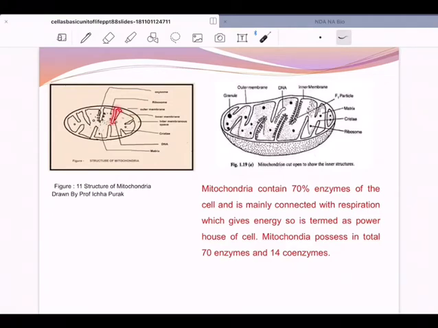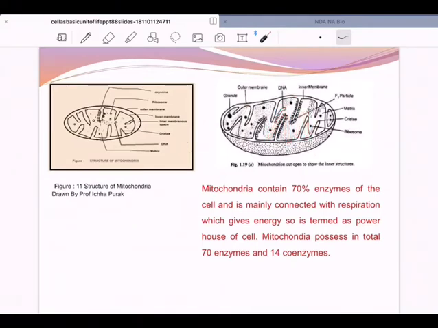What I want you to see is that this inner membrane has inward foldings, which are entering into the matrix, the inner liquid. Each inward folding of the inner membrane is a cristae. This is a cristae, this is a cristae, and so on.